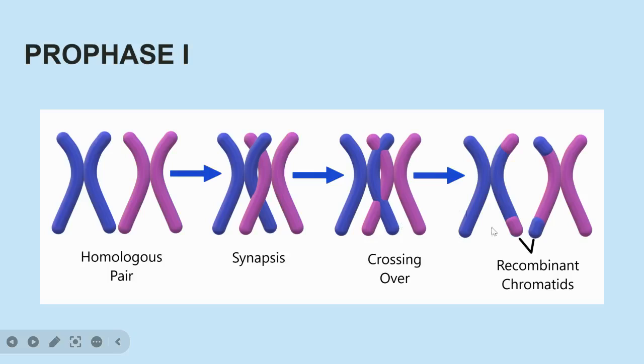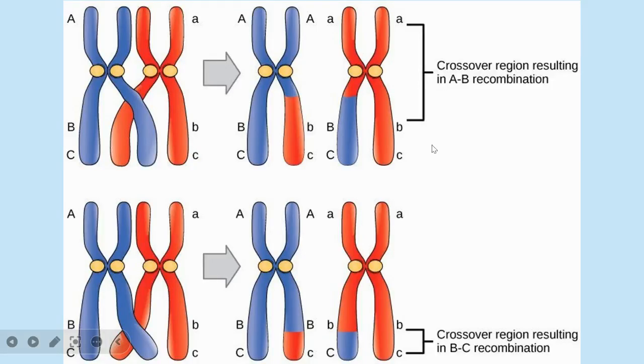Kaya kung mapapansin ninyo with the result of the recombinant chromatids, after the crossing over, may palitan po ng genes. Ayan po, sa crossover region resulting in A to B recombination.